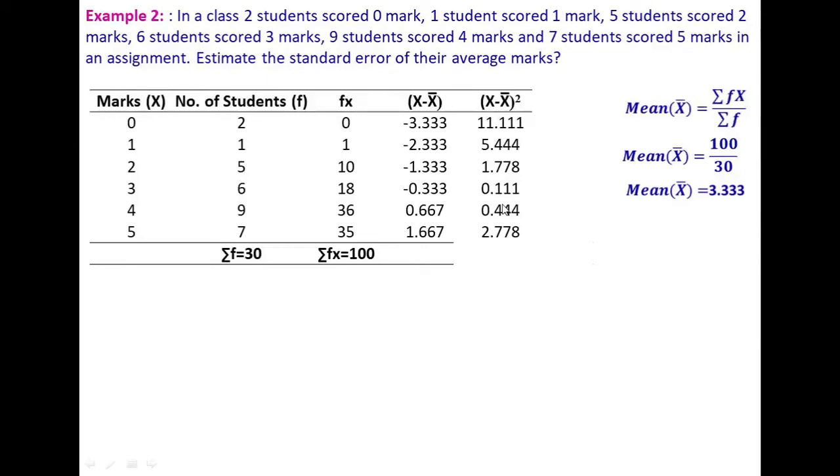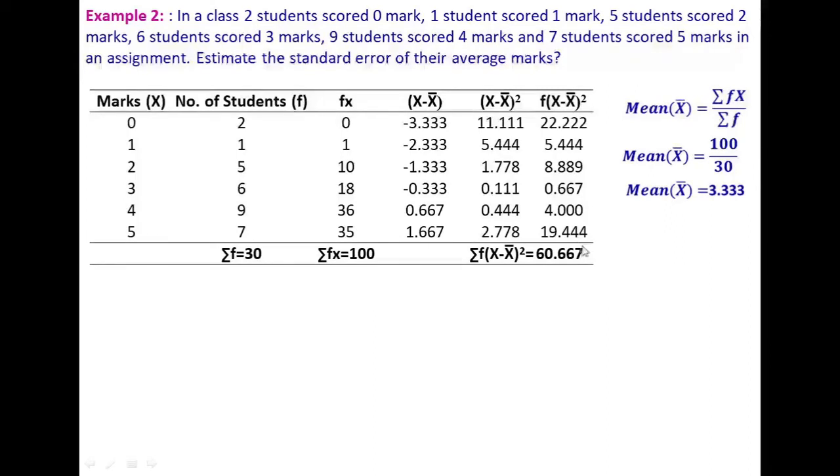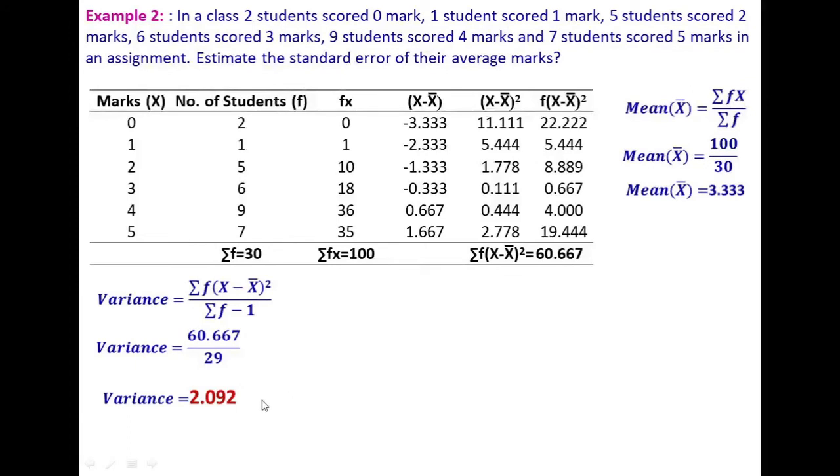And finally, we will multiply this squared deviation with their respective frequency. And the total of this frequency and squared deviation is 60.667. With the help of this formula, we can calculate the variance for this data set, and it is 2.092.